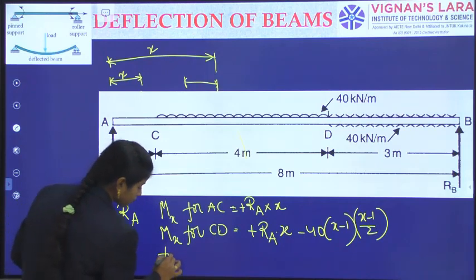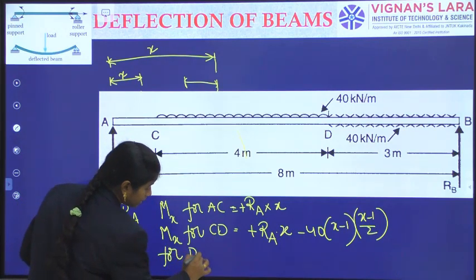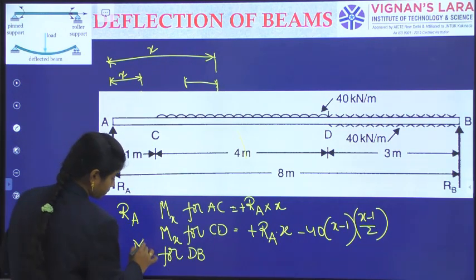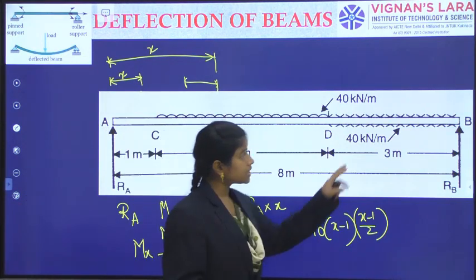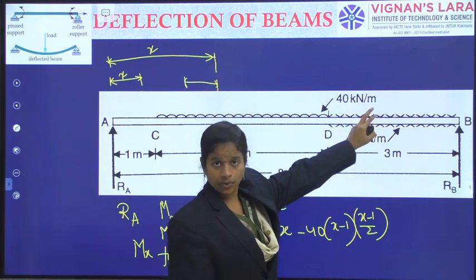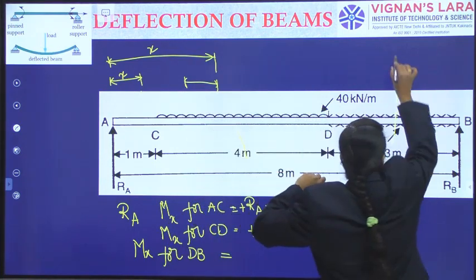And for DB, MX for DB is equal to, see here, if this loading is not there, it was only empty.